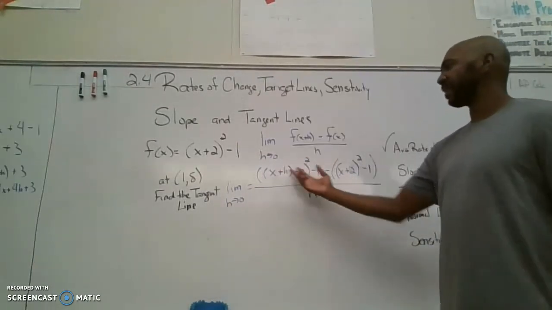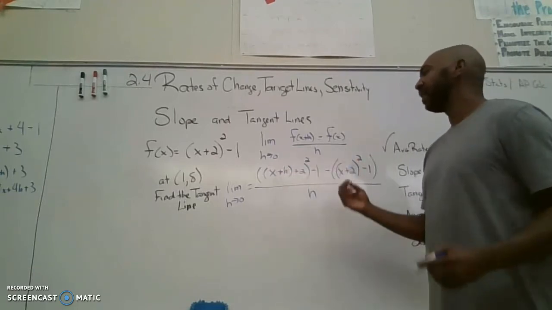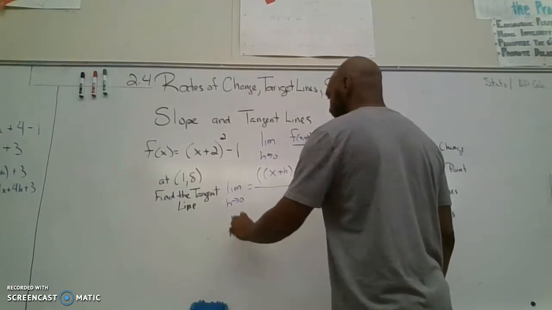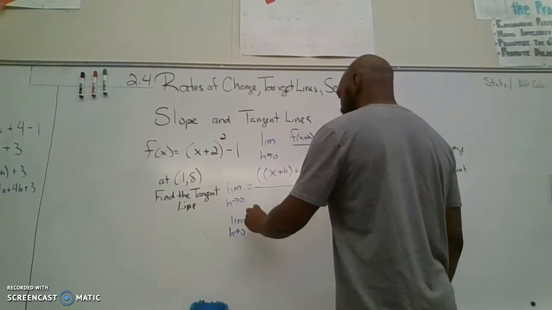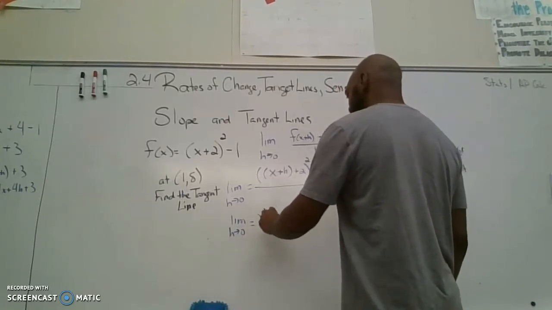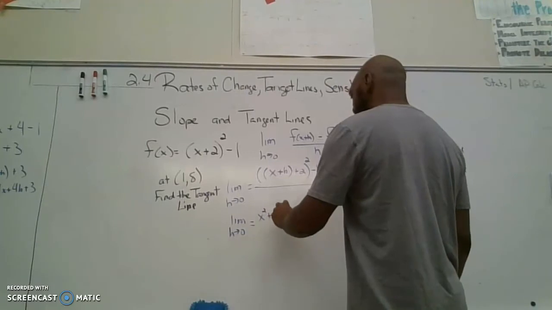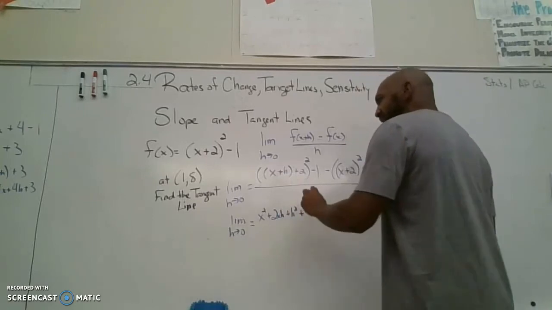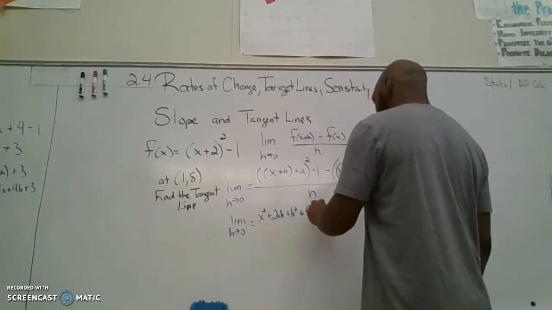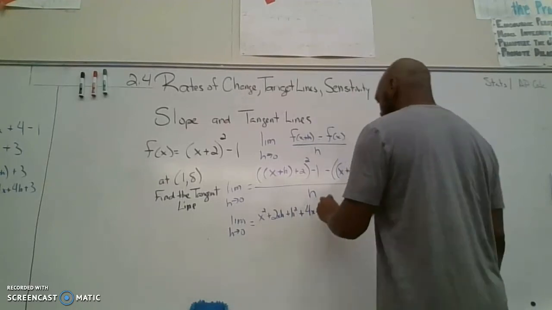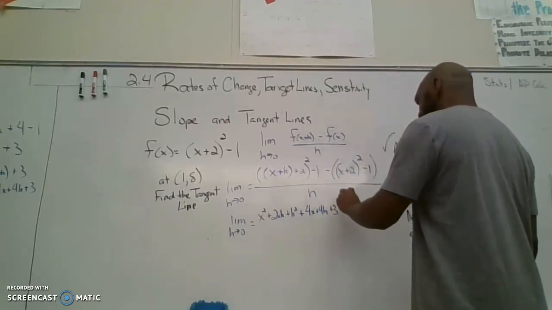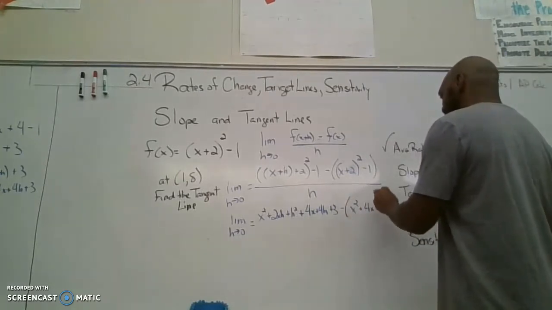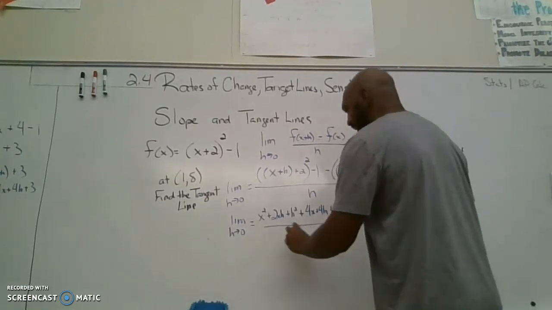Now, if you spend the time to factor this out and simplify, what you're going to get is the limit as h approaches 0 of (x squared plus 2xh plus h squared plus 4x plus 4h plus 3 minus (x squared plus 4x plus 3)) all divided by h.